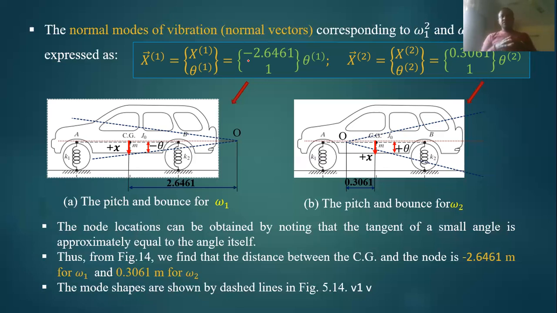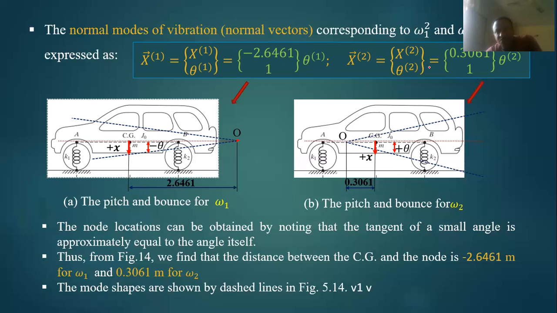If we consider meters, it can be meters. So somewhere here is the node point, which is 2.6461 behind, for theta minus 1 degree. Okay, so this is the representation.